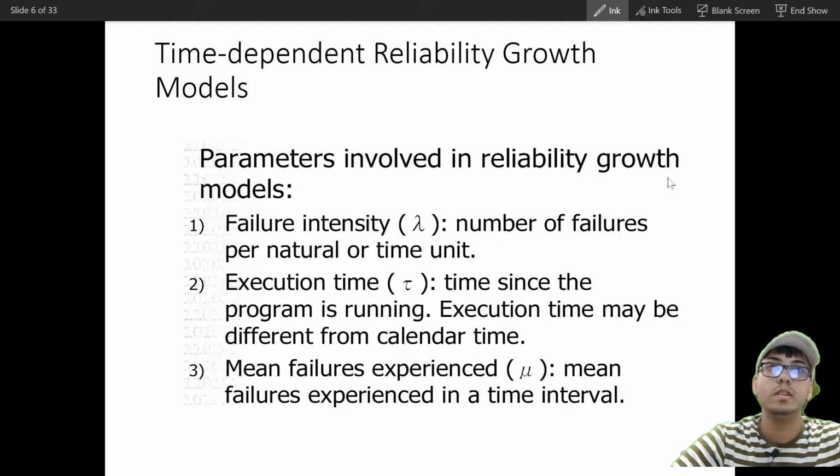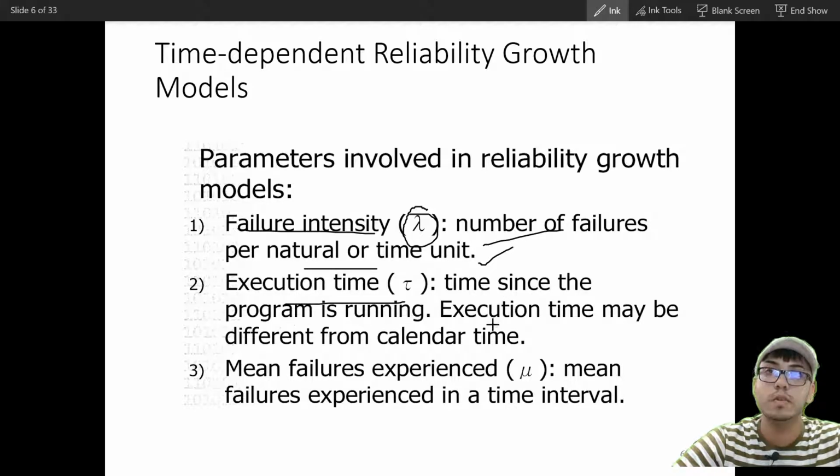These are the parameters involved in reliability growth models. First is fault intensity, the number of failures per unit time. Execution time is the time since the program started running. Execution time may be different from calendar time. Mean failure experience is the number of failures experienced in a time interval, represented by mu.